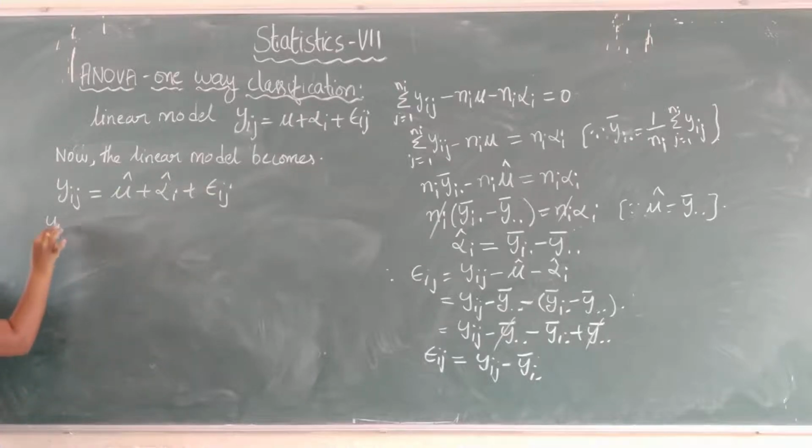Substitute the values. Yij equals, what is the mu hat value we got?